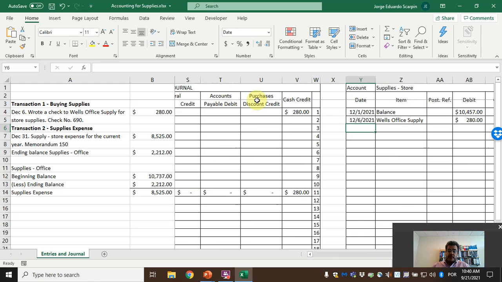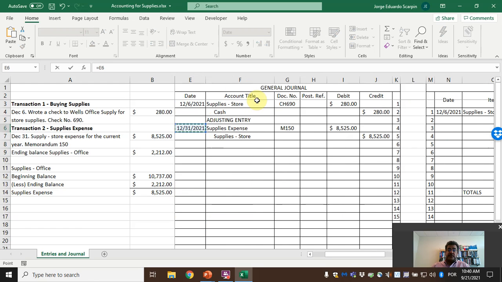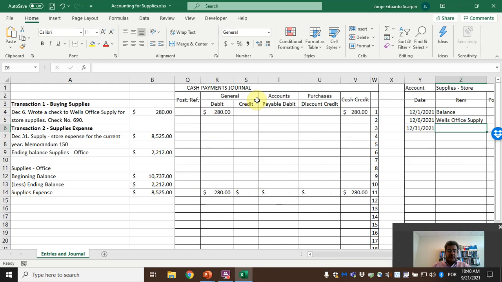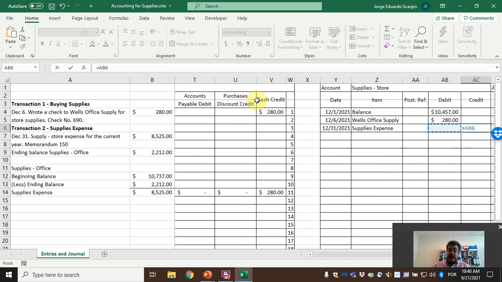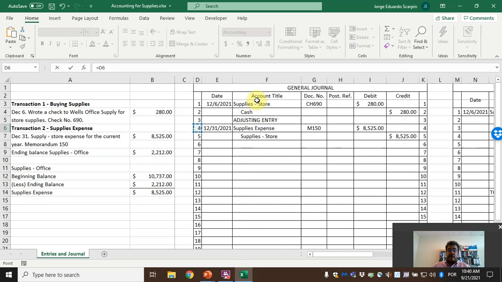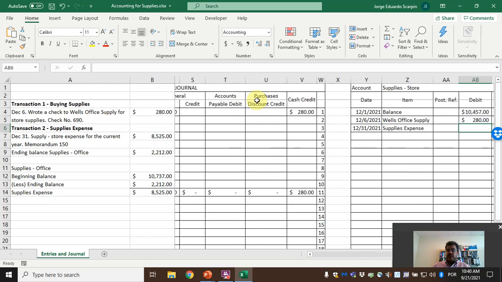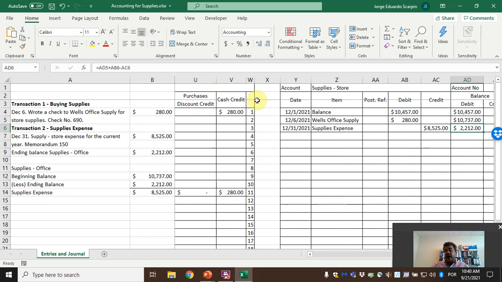And here on supplies, December 31st, supplies expense. Now a credit. Here, supplies to our credit, 8,525. So our ending balance, beginning balance for the next year, 2,212.